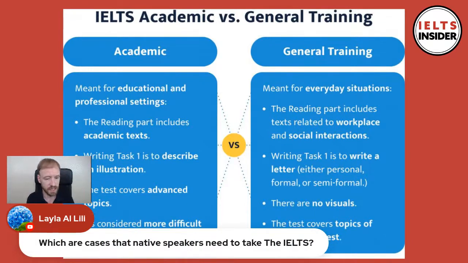which are cases the native speakers need to take the IELTS. Most, if they were born in an English speaking country, they do not need to take IELTS or TOEFL. So, like me, I was born in Canada. No university, no company would ever ask me to prove my English ability by taking the IELTS test.